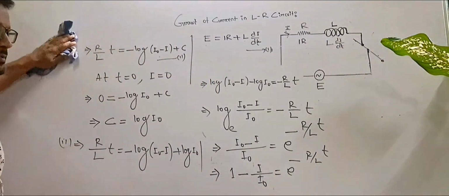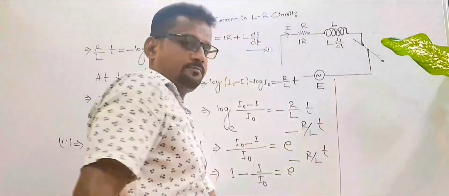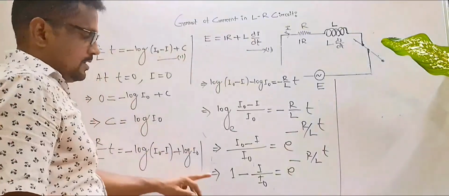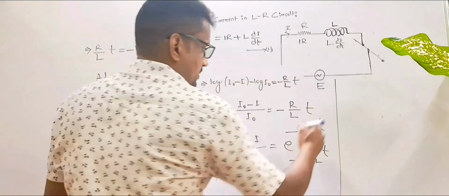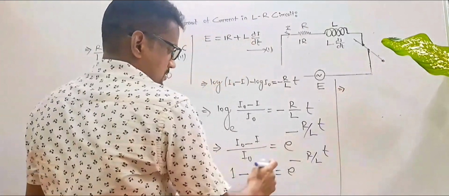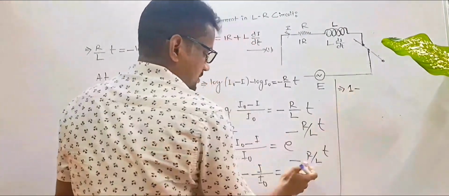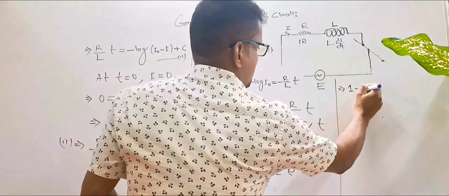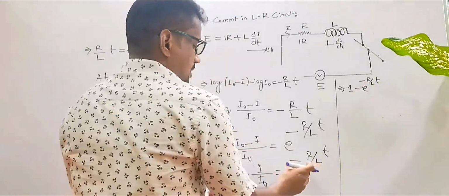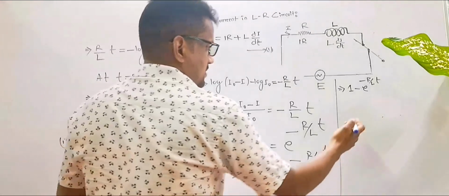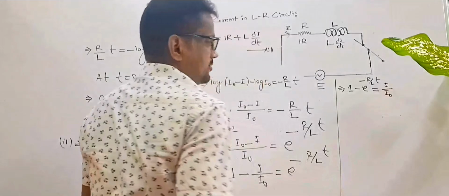Okay, now let me write the next part. See, from here you can find out the value of I. So the value of I will be: minus I by I naught, so 1 minus, take it in the left hand side, e to the power minus R by L times T. I have transposed this in the left hand side and this is in the right hand side, equals I over I naught.